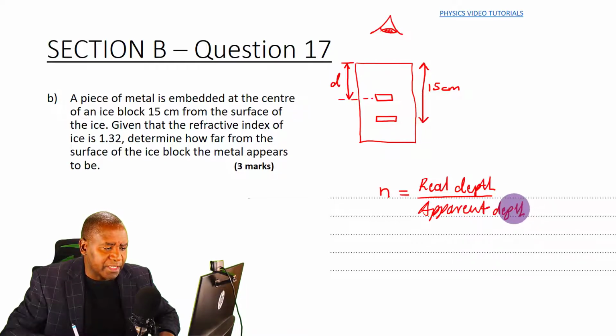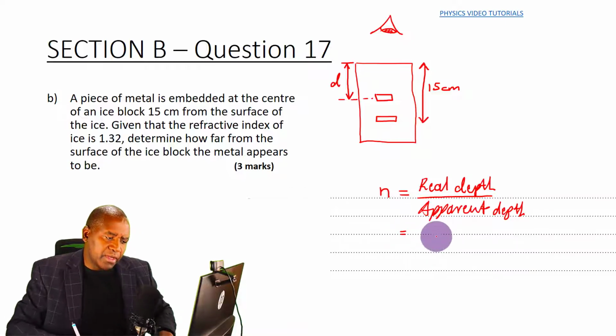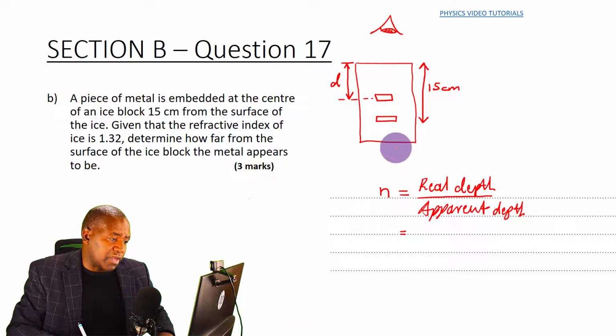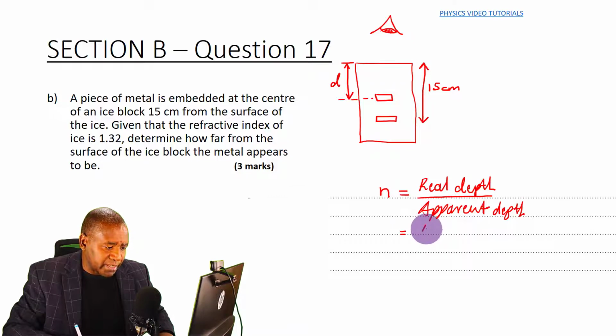The apparent depth is the depth that the object appears to be, how far it appears to be from the surface. So the real is 15, while the apparent is d, but the refractive index is 1.32.